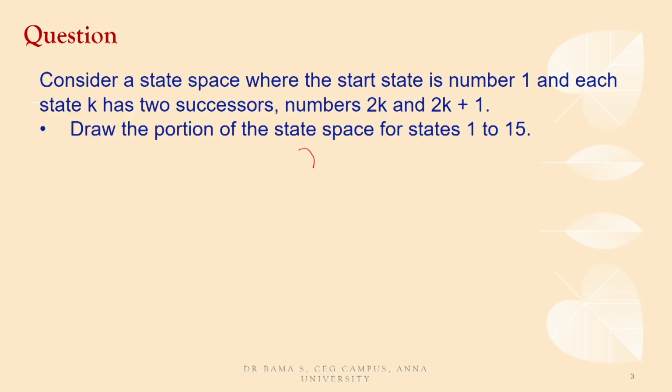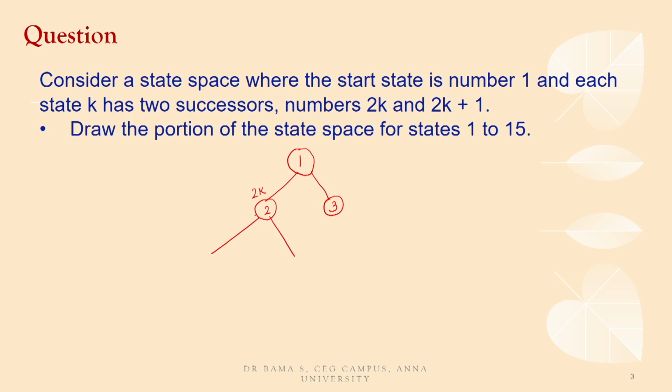So, let us start with the binary search tree. It would be something like 1, and on the left side is 2k and on the right side is 2k plus 1, which is 3.